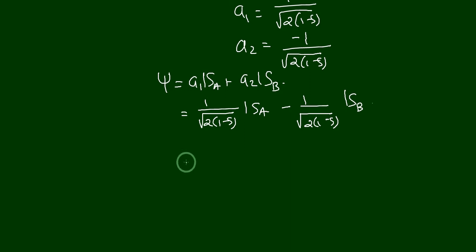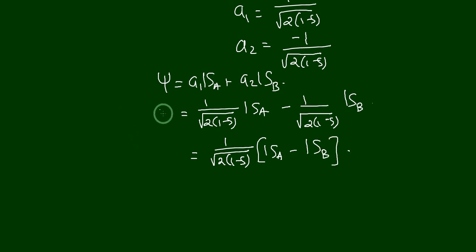Therefore we can write it like 1 divided by root of 2 into 1 minus S into 1sA minus 1sB. So this is the equation for psi when we substituted the value of A1 and A2 by giving E as E minus. So let me call this psi minus. So this is psi minus.